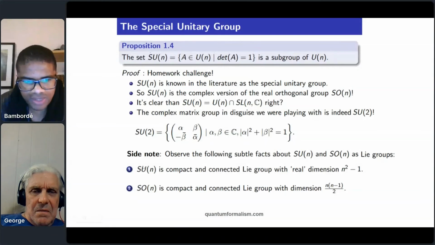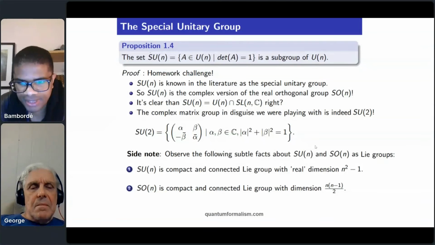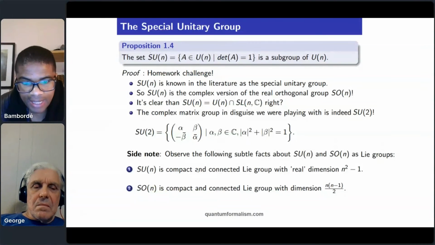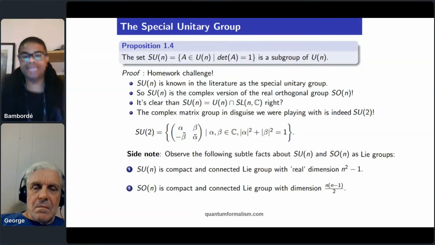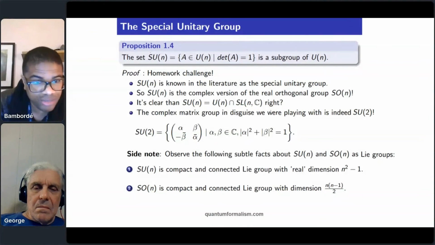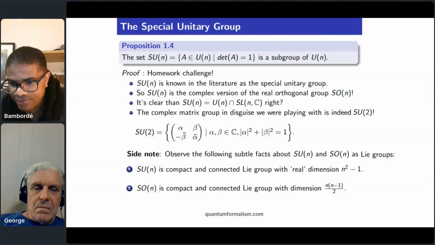Okay, so another thing, as a side note: as a Lie group, this is compact and connected. Remember, with the unitary group, we only talk about real dimensions. So this is also the case we are talking about.